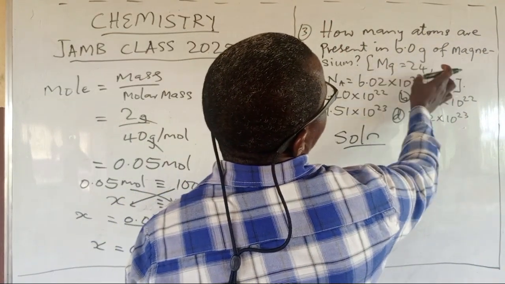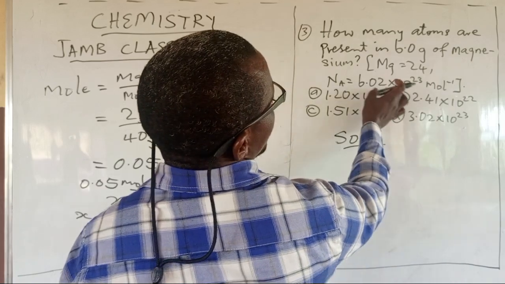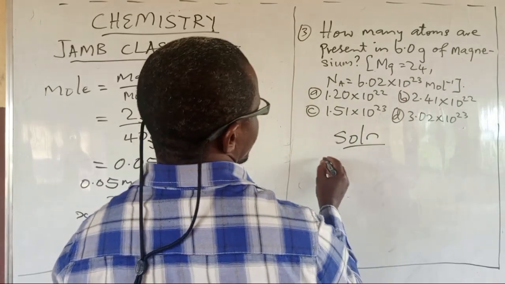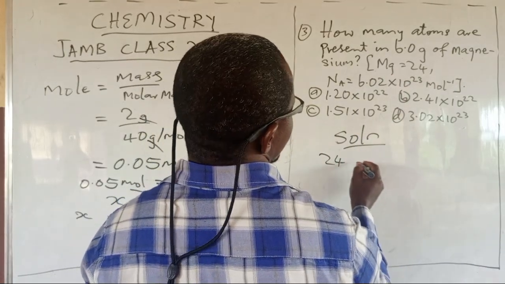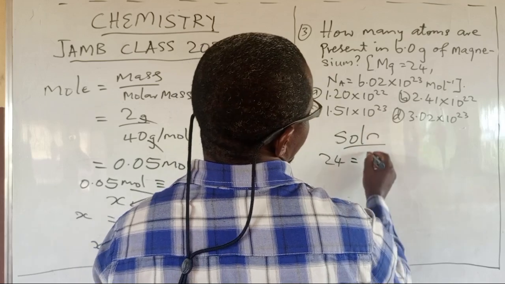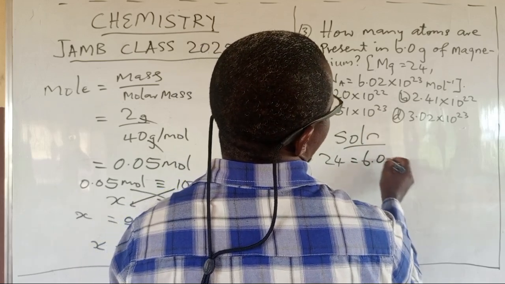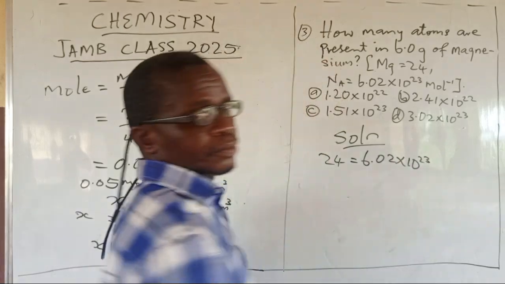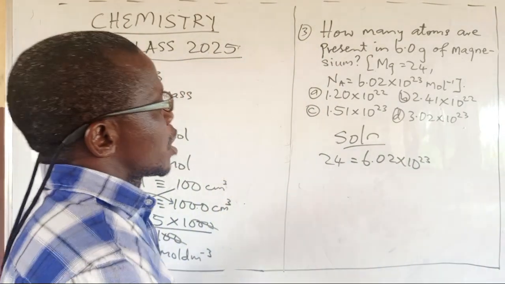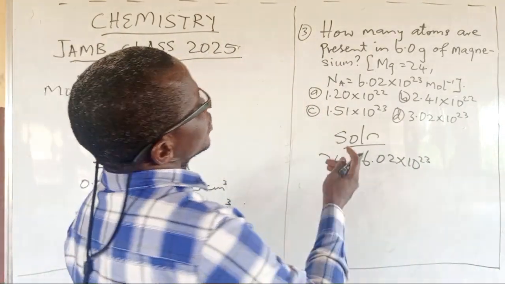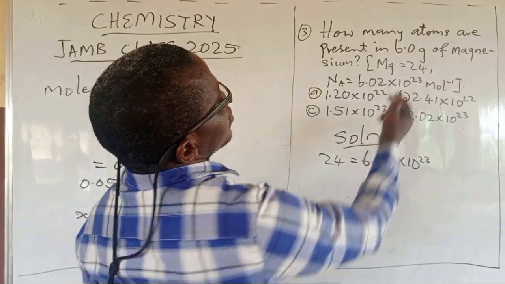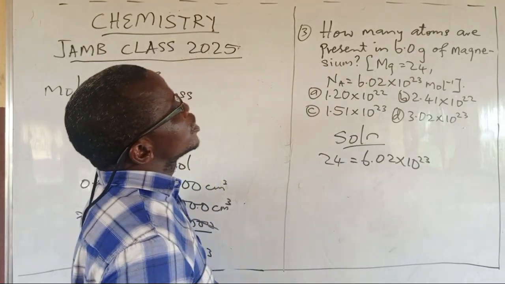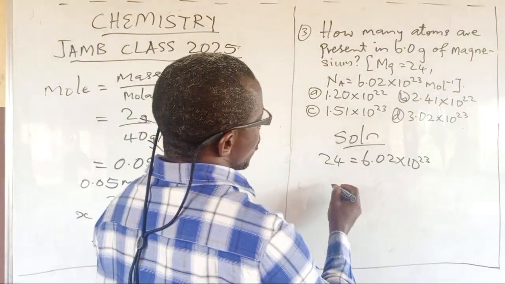1 mole of this is this, which is equal to this. So you write 24 equal to 6.02 times 10 to the power 23. Now, having done that, what they gave in the question is 6.0.